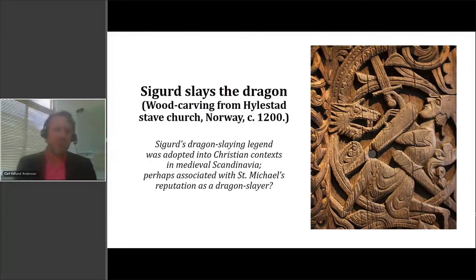And the relationship between Sigurd and Christianity is actually not unique to Tolkien, although Tolkien's take on it is. He also pops up in carvings on churches in the Middle Ages from around the time when the medieval versions of these legends were being written down, perhaps more as a Saint Michael allegory. It's hard to say.